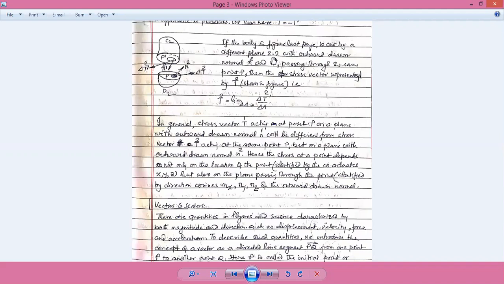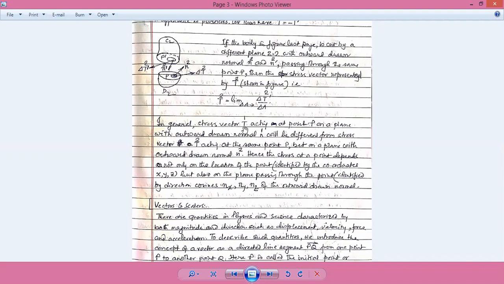Here the outer drawn normal is N2, passing through the same point P, and the stress vector is represented by T2. So T2 is equal to the limit of delta T divided by delta A dash, and it is represented as T to the power 2 because the plane is different from the original plane itself.